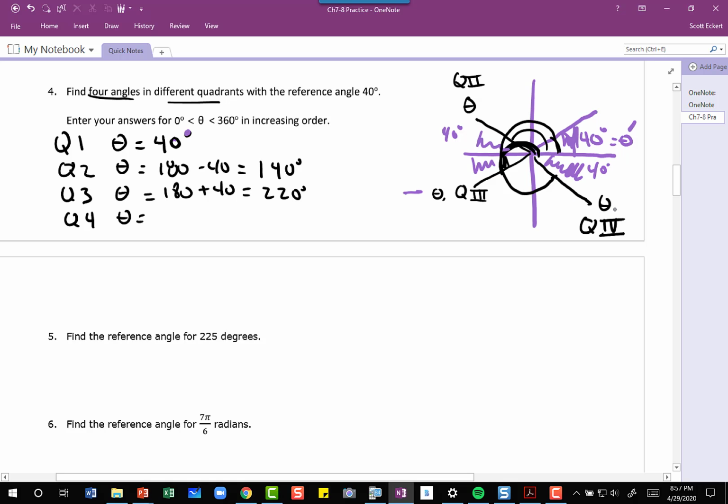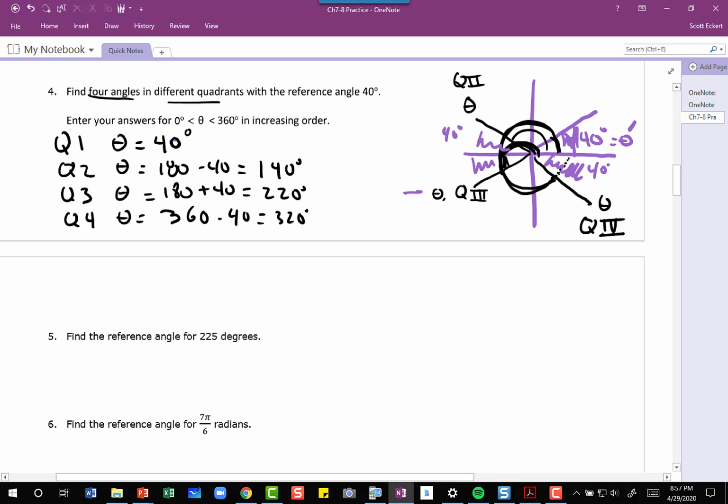And so if I want this angle here, all I need to do is take part of the circle, and this extra little piece of the circle is 40, so that makes a complete circle, which is 360. So if I do the 360 and subtract off the 40, I will get 320.